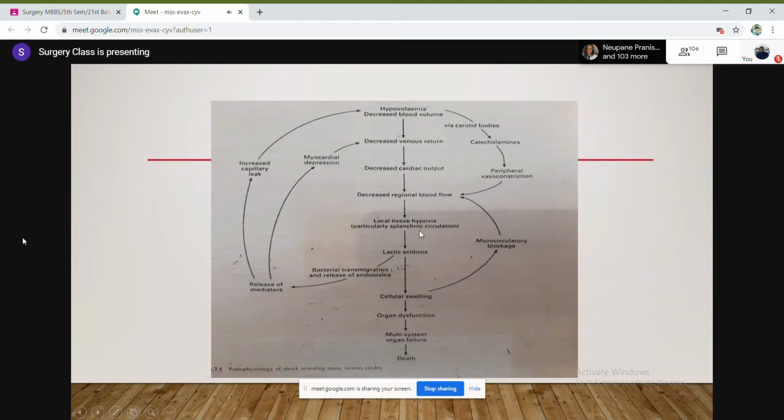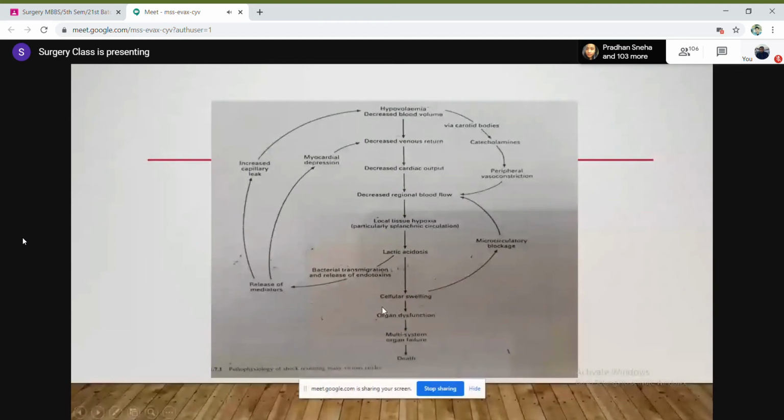So particularly the splanchnic circulation, and that will lead to lactic acidosis, and that will lead to cellular swelling. So once the cells have swollen up, there is plasmolysis, and there is organ dysfunction. Now the whole organ is not functioning.